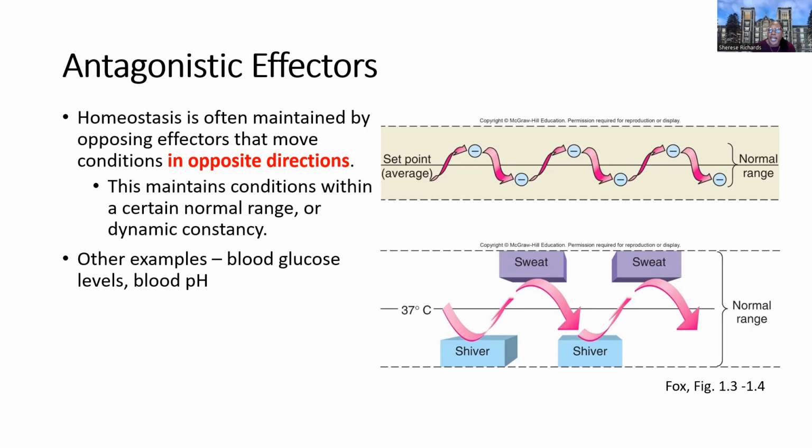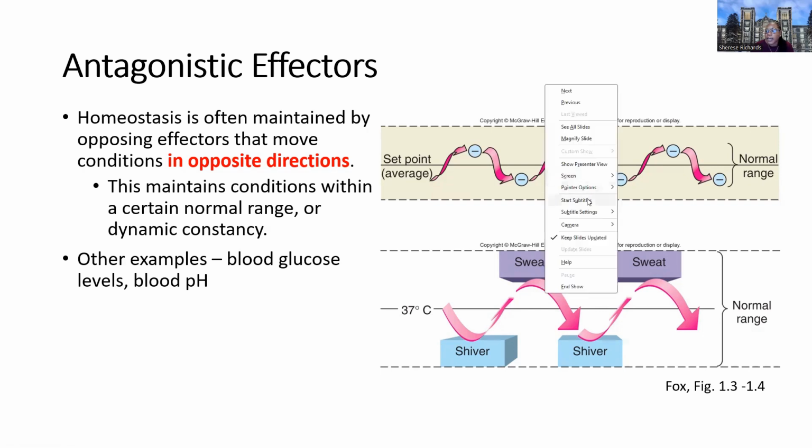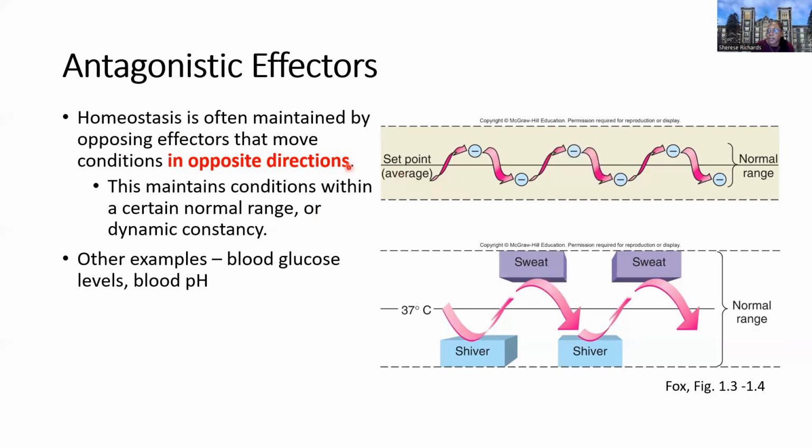On here, we were looking at the example of sweating and shivering, with body temperature as the variable, and how that can be restored to set point through various negative feedback mechanisms. The points that we want to reiterate here are that the change will always be in the opposite direction.